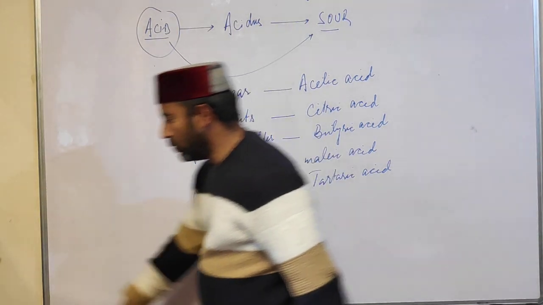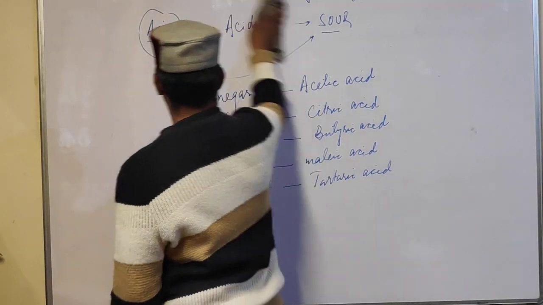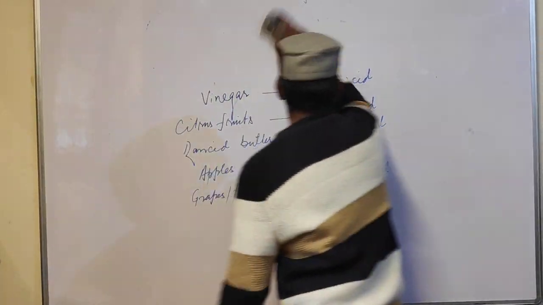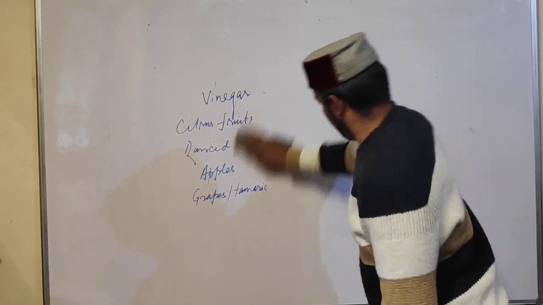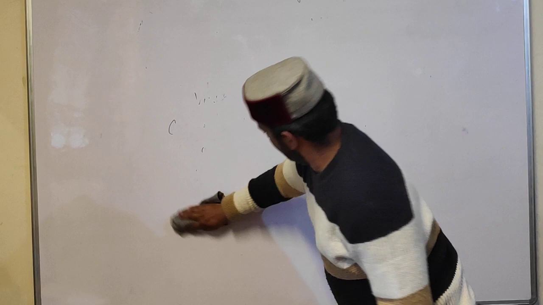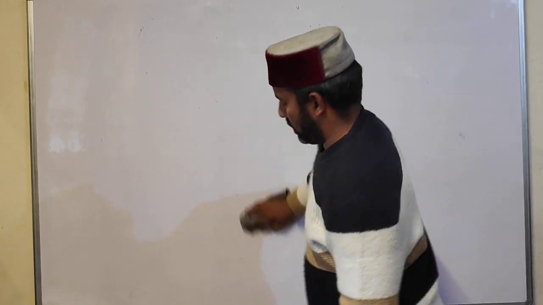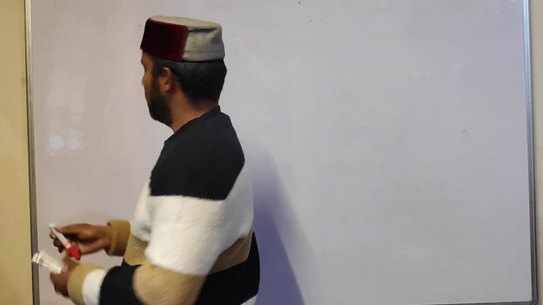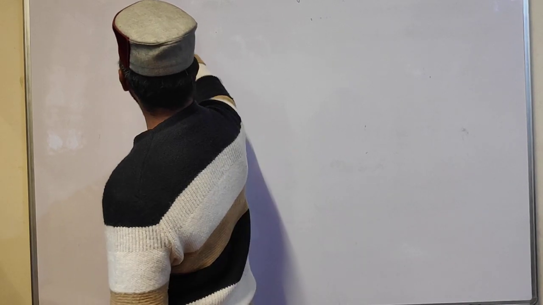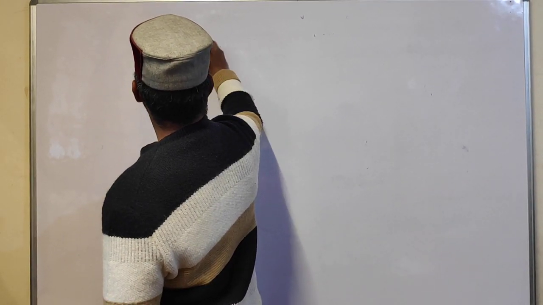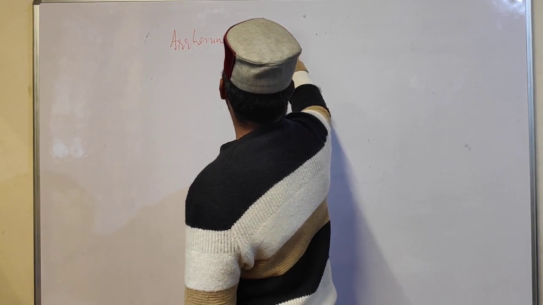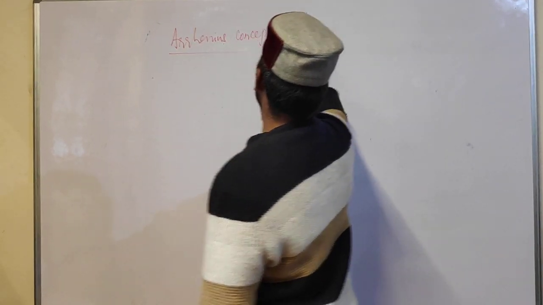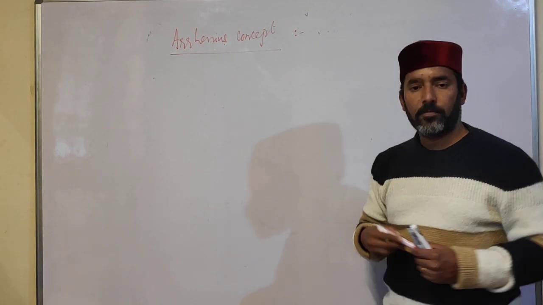Now student, I'll give you the definition of an acid. So what is an acid? Now there are many concepts. First concept is the Arrhenius concept. Now, what is the Arrhenius concept? So students, listen carefully.